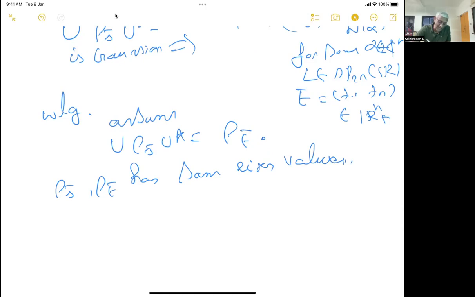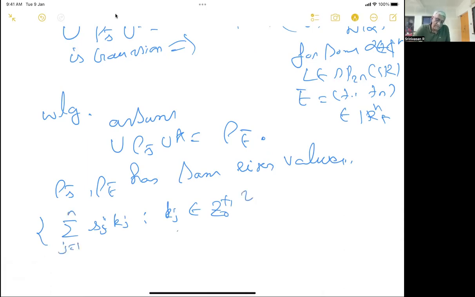The eigenvalues of rho S are the summation of Sj Kj, where Kj is in Z0 plus, j equal to 1 to n.